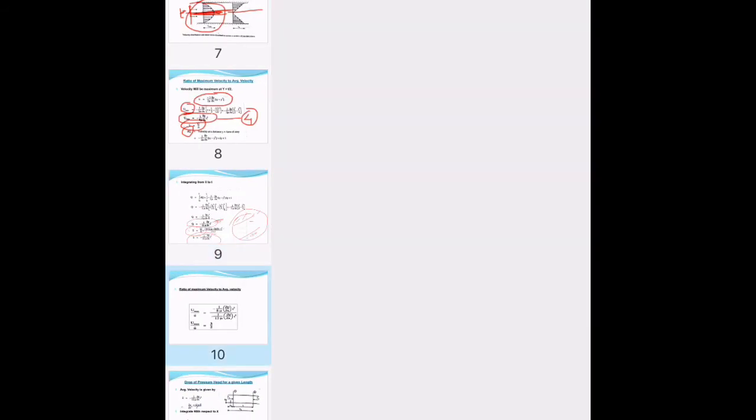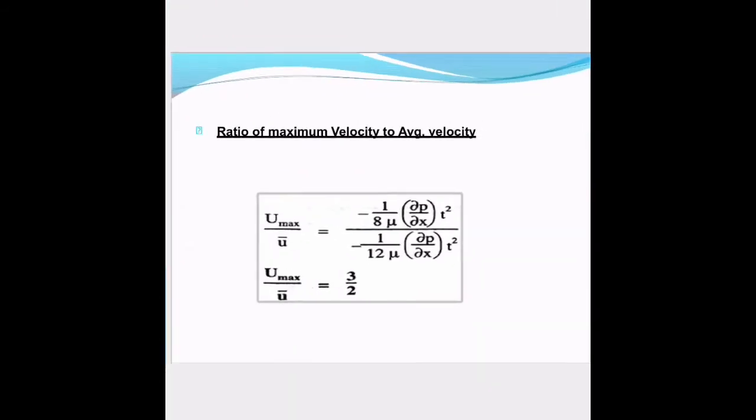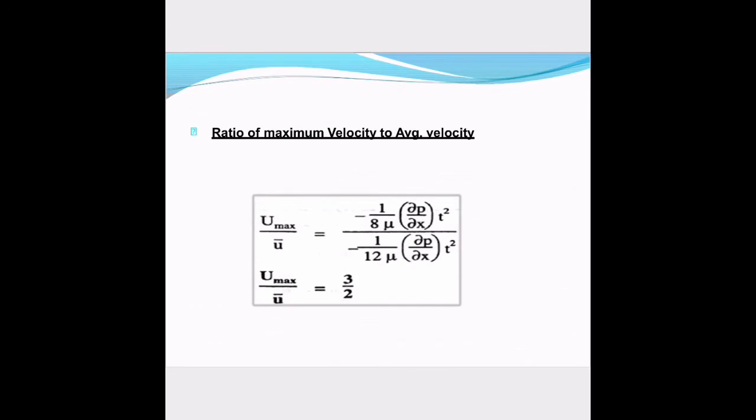That is why the area value is t into 1. After that you will get the average velocity equation U bar as minus 1 by 12 mu del p by del x t square. Mark that as equation number 6. Now, you have to find out the ratio of maximum velocity to average velocity, which you have already found, U max and U bar.